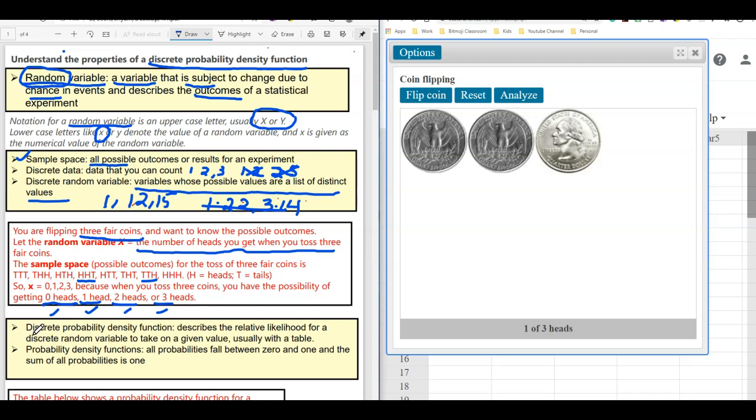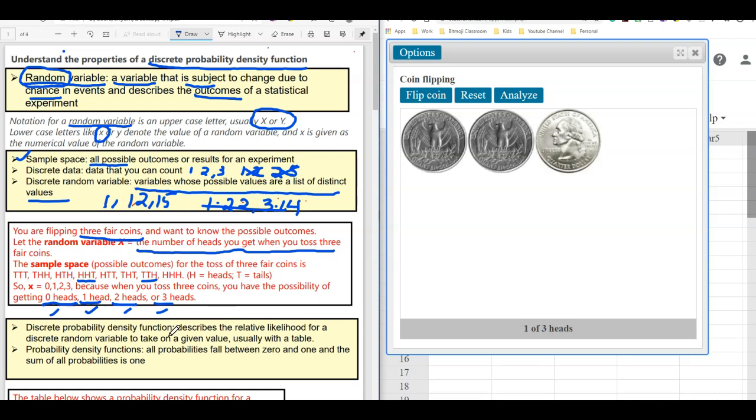Now, the next one is discrete probability density function. So what does that mean? Discrete probability density function simply describes the relative likelihood of a discrete random variable to a given value, usually with a table. Now, you might say, Miss, what did you just say?